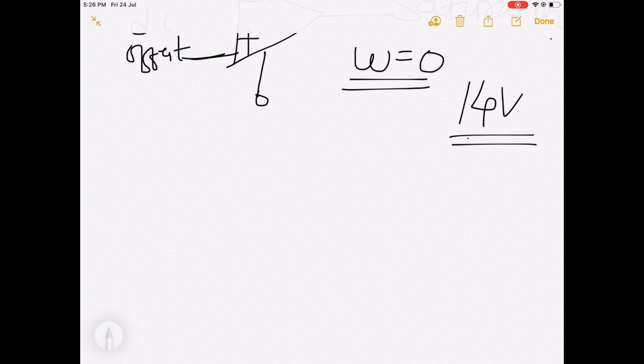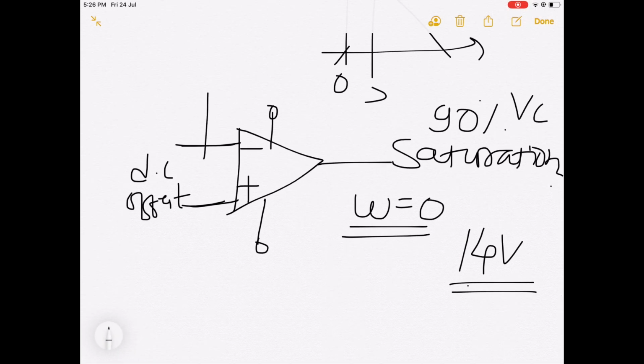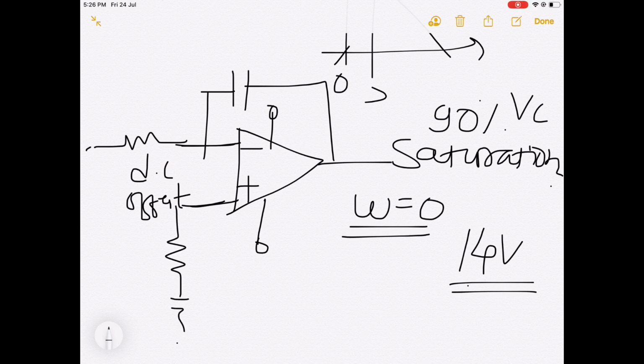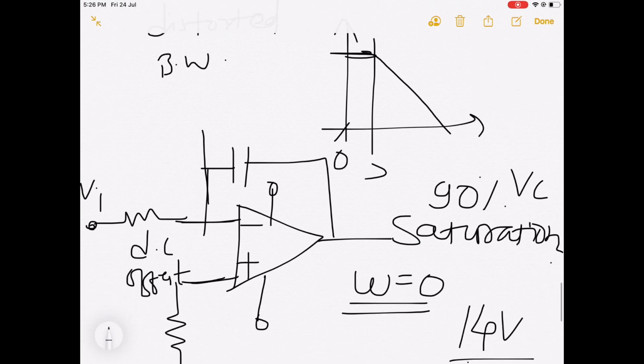So, what happened here, we have one capacitor, right, in the ideal situation. There is one resistor and this resistor is connected, and this is grounded. So, here we are applying Vi and at f equal to 0, this capacitor acts like open. So, to avoid the above problems, here we are connecting one resistor in parallel with the Cf.